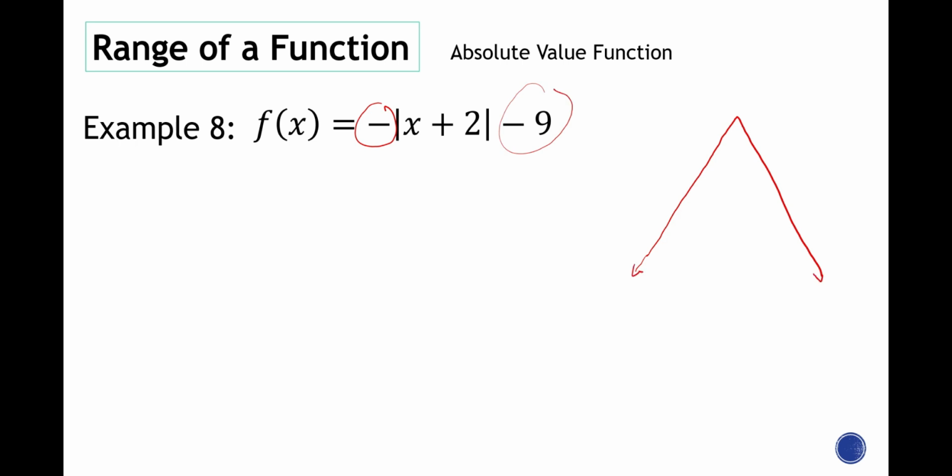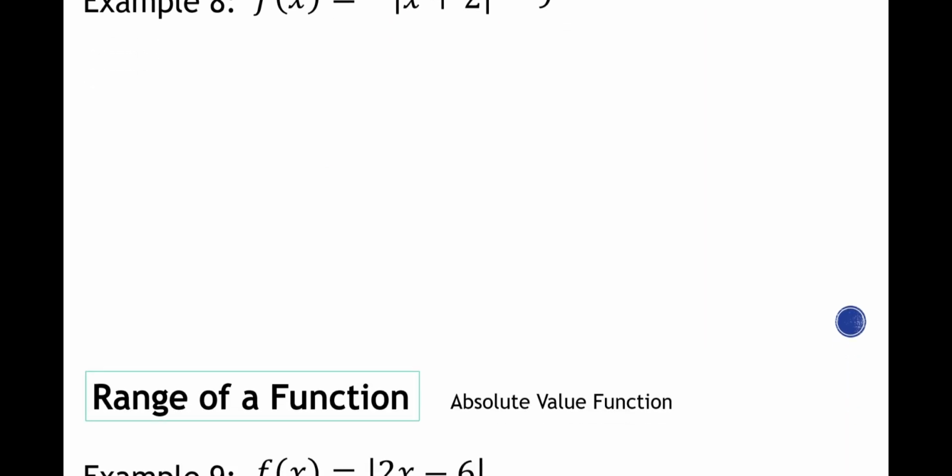So this starts with negative infinity up to that negative 9. Negative 9 is actually on the left side. Okay. All right, that's the y value. So the answer is from negative infinity up to negative 9 is the range. Okay, last example.